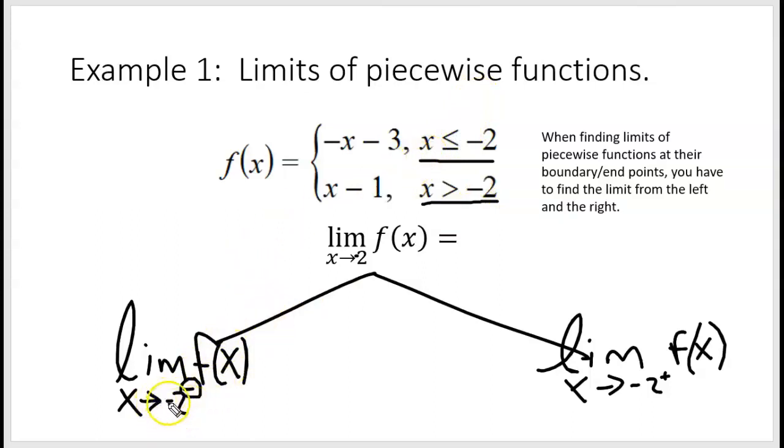If I'm approaching -2 from the left, then I'm approaching -2 from numbers that are smaller than -2. Which one of these inequalities has x values that are less than -2? It's this one. All right. So since that is the one that is less than, it goes with the left.